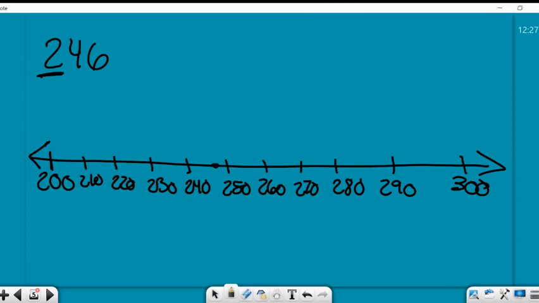Now, is that closer to 200 or 300? Give you a second to figure that one out. So yeah, it's about 300. I mean, about 200, sorry. Now, after a while, sometimes it gets a little tiresome drawing the number line. So I want to show you another little trick to help you out.